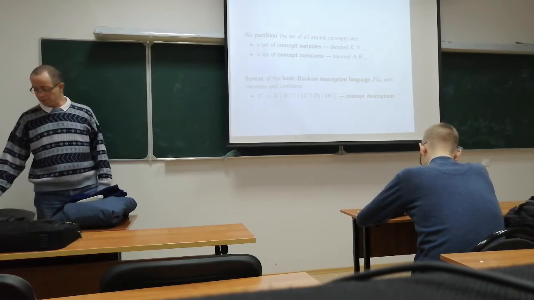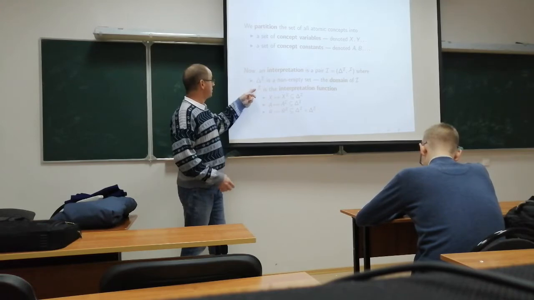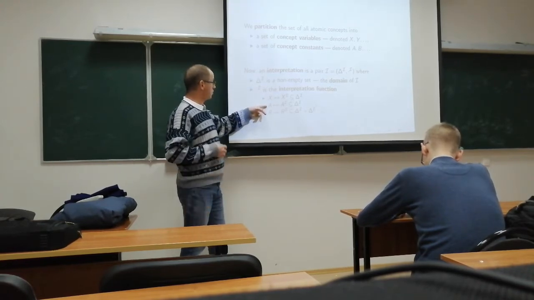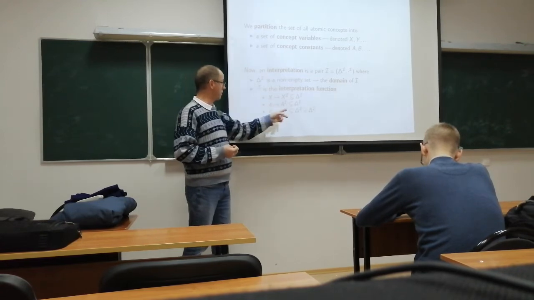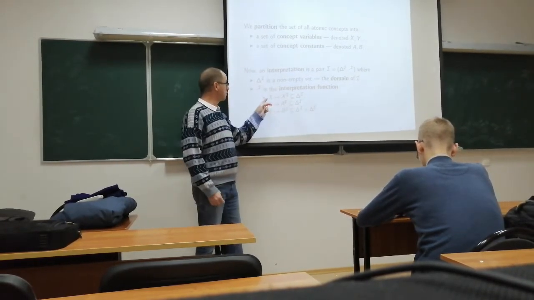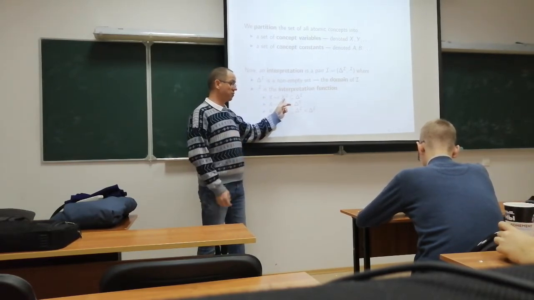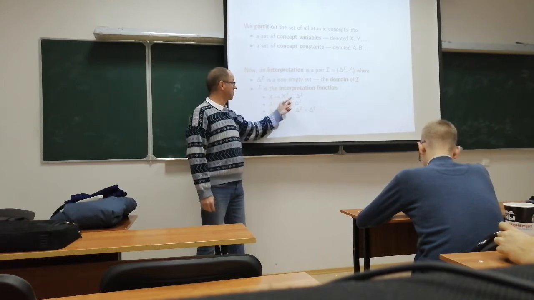In the interpretations, the interpretation function not only has to interpret every atomic concept constant by a subset of the domain, like the valuation in a Kripke model, but also has to give the interpretation of every atomic concept variable.